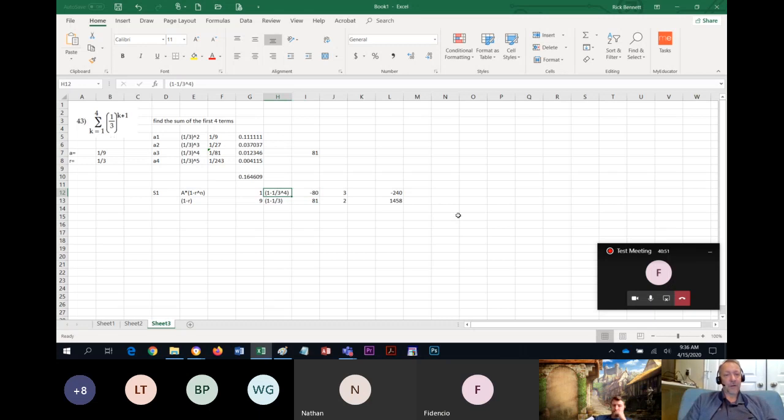1 minus 1/3 to the 4th power. Why is the bottom one not negative 2/3? Oh, is that just because it's okay? I got it. Yeah, 1 minus 1/3 is 2/3. So that's still positive.